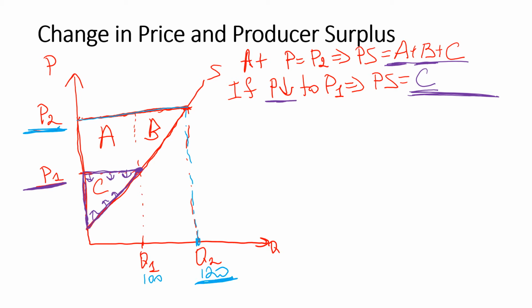Now after the price has decreased, how many sellers do we have on the market? Only 100 sellers. Just think, guys, these 100 sellers were on the market when the price level was P2, and they stayed on the market even when the price decreased to level P1.